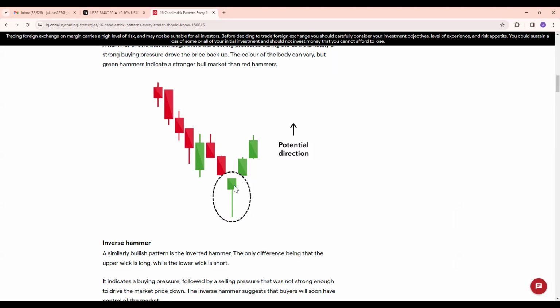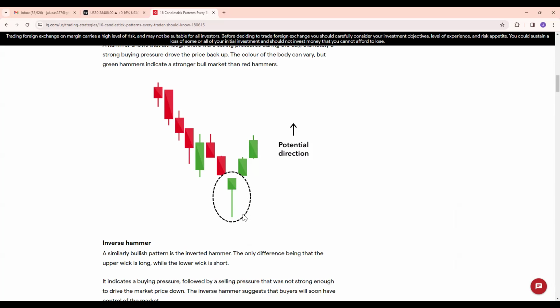What the story is with this particular candle is that price opened right here. Price always opens for a bullish candle at the bottom of the body, and price closed here at the top. What the wick represents is where price was at a period of time in the candle. It did not close there, but it was there at a period of time.